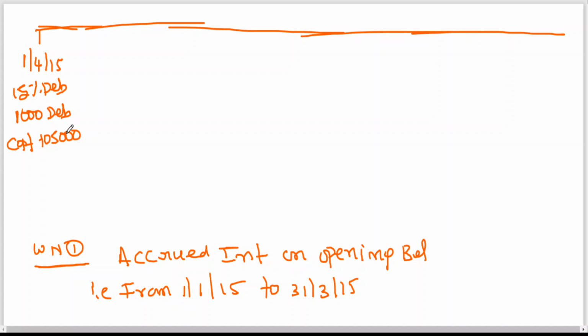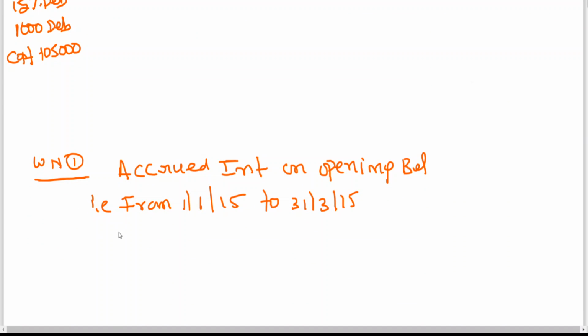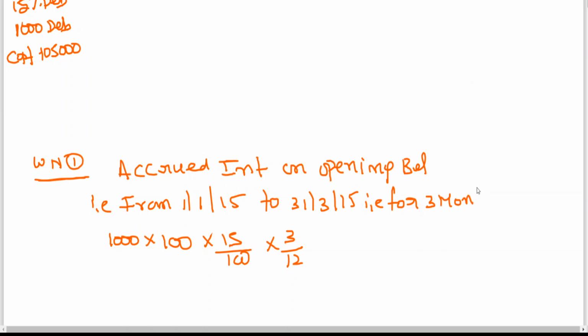Now, accrued interest on opening balance. You have to calculate 1000 debentures into 100 rupees into 15% into 3 by 12.